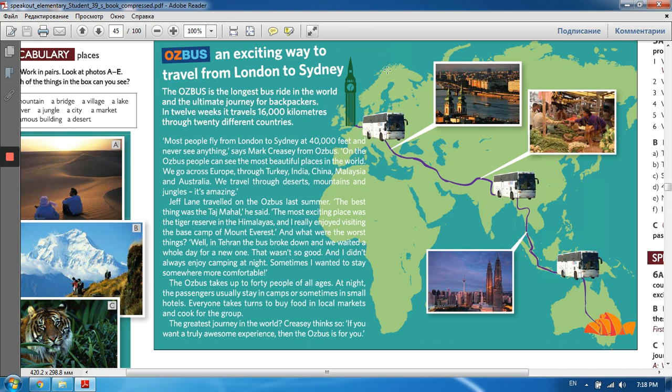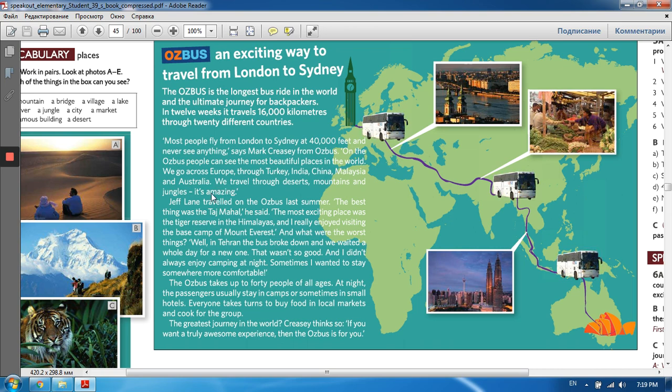Ultimate has the meaning of main, last. The next word is backpackers. So a backpack is a kind of bag. The travelers use this kind of backpack when they travel from one place to another. And the people who use backpacks are called backpackers.